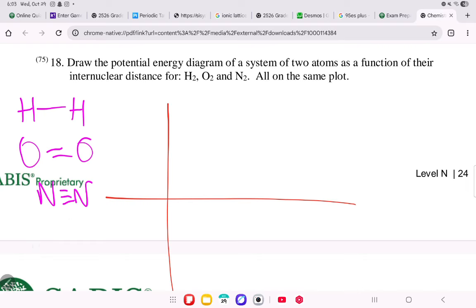So the H2 bond, because it's a single bond, that means the internuclear distance is short, not that long. It's short, and the energy required is not too much. So if you were to draw it, it would be here until here.